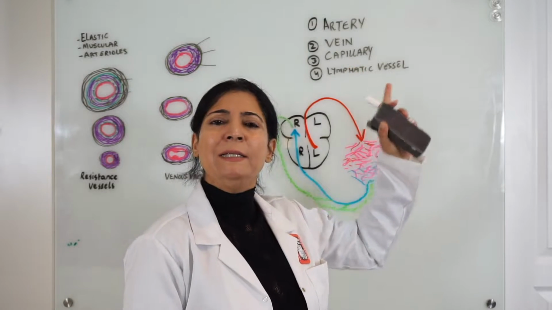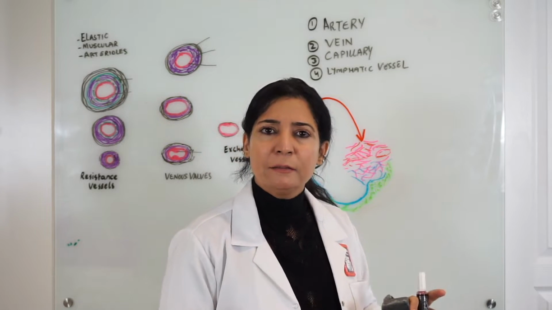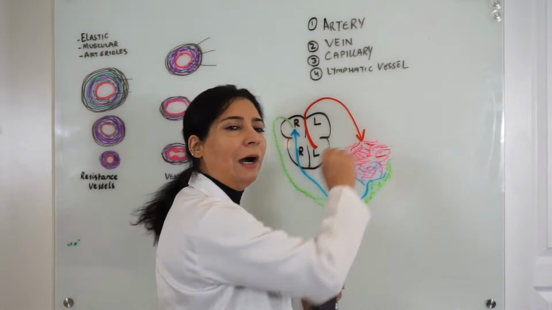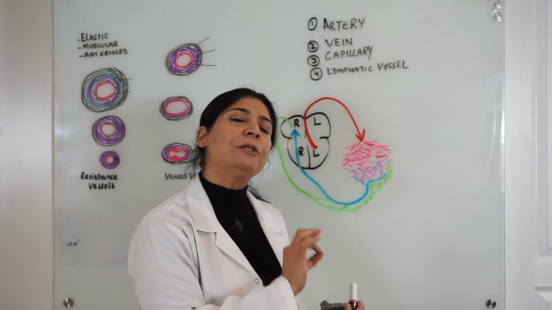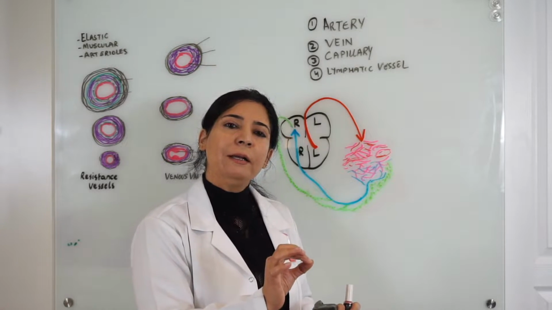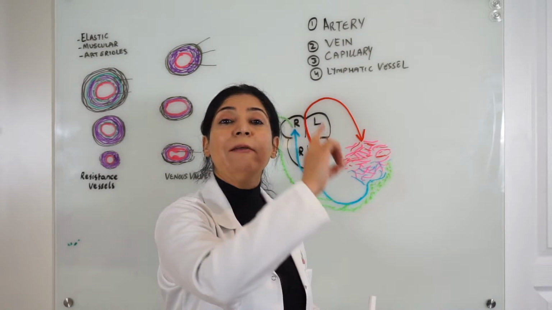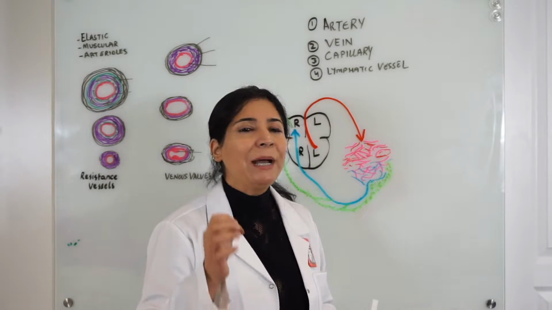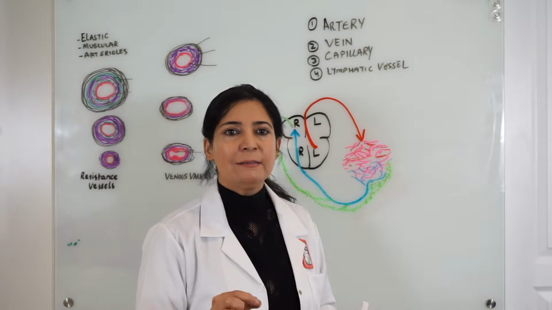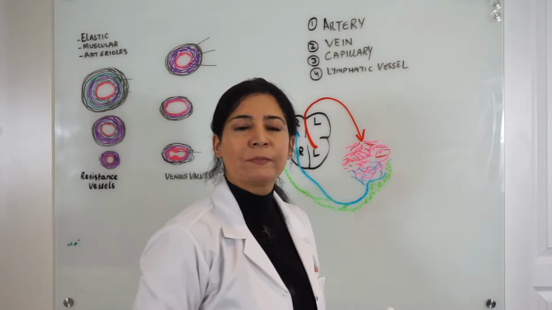Okay, one type of vessel which is emerging from the heart is responsible for carrying the blood away from the heart. And by definition, that vessel is known as an artery.